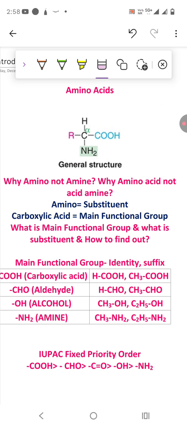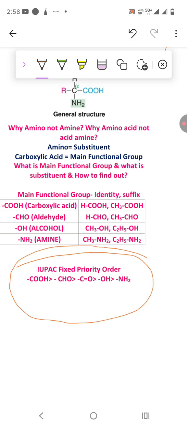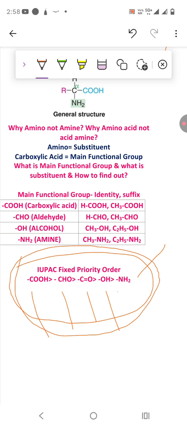Because according to the IUPAC fixed priority order, carboxylic acid comes first, then aldehyde, then ketone, then alcohol, and then amine. So when a molecule has both carboxylic acid and amine present together, the carboxylic acid acts as the main functional group.